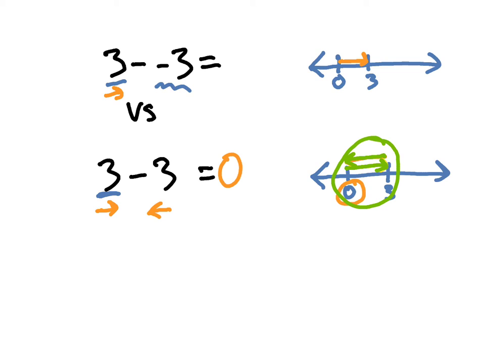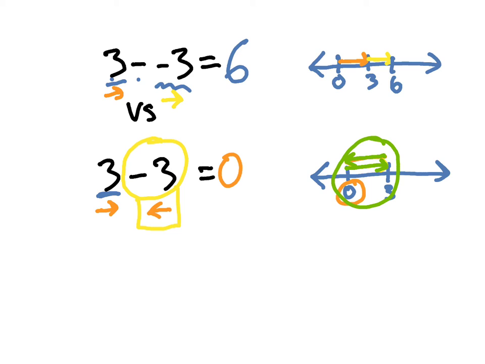And then if we look at the second problem, when we subtracted 3, we went to the left. Well, now we're subtracting the opposite of 3. Well, what's the opposite of left? The opposite of left is right. So when you subtract a negative 3, you're actually going to go to the right 3 more, and you're going to end up at 6. So the answer to 3 minus negative 3 is 6.